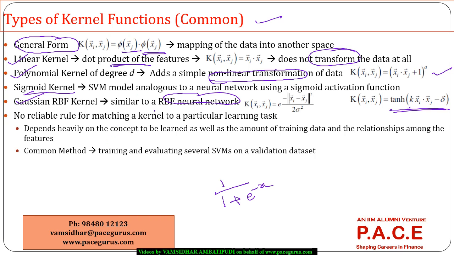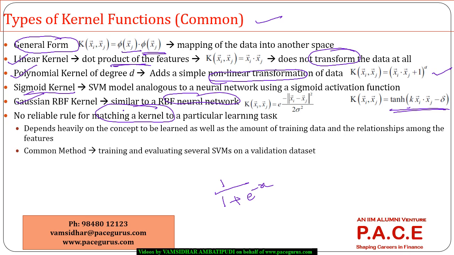But the worrying part is there is no single rule which says this particular kernel transformation is more appropriate for this kind of data, for this kind of learning. So I have to try all possible kernel combinations, and based on that I have to see where the prediction comes out more appropriate.